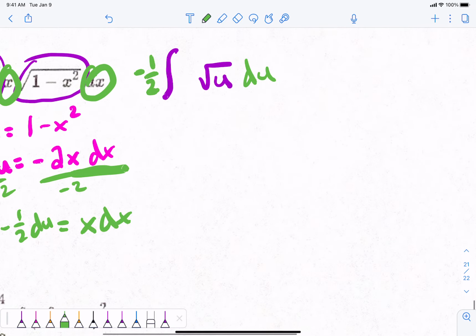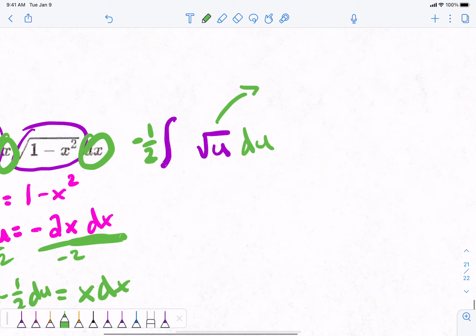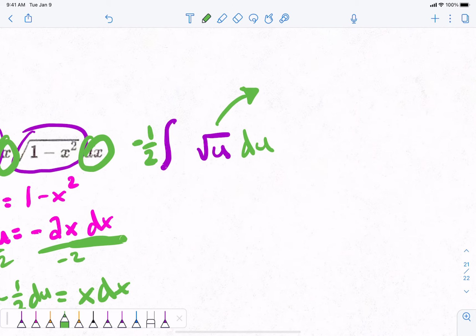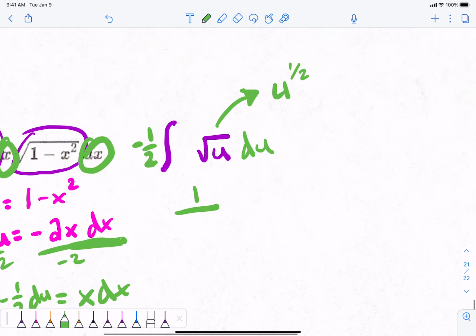Now we have to find the antiderivative, but I can't do the antiderivative of the square root of u yet. We have to make the square root of u look some other way. It is u to the 1/2 power. What's n in this case?